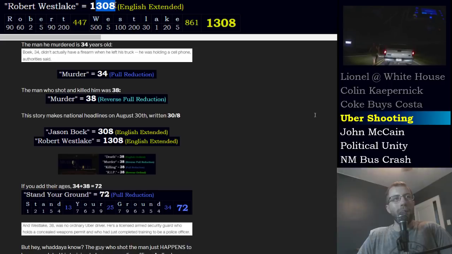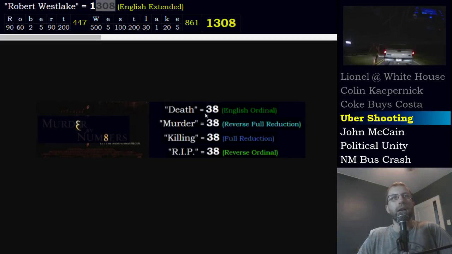You got that 308 sequence right there in the same cipher. This number 38, death, 38, murder, killing, RIP. This number even coded into the poster for the movie Murder by Numbers. They changed the E to a 3 and the B to an 8.